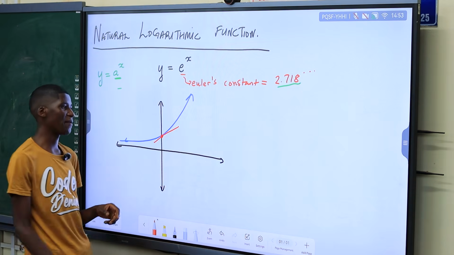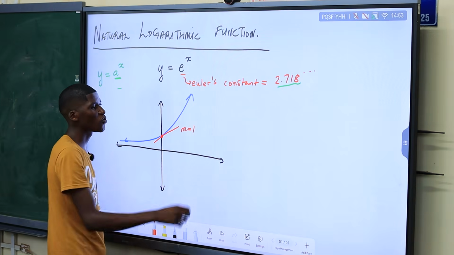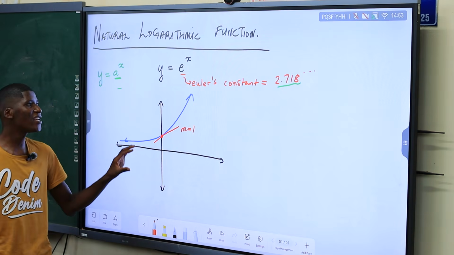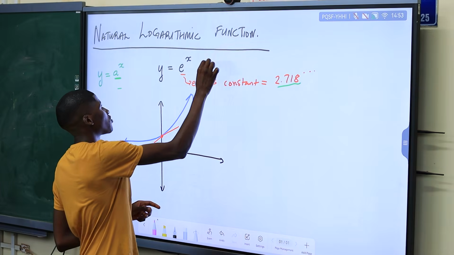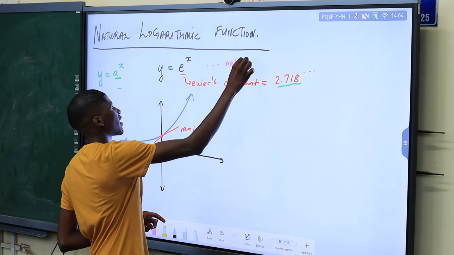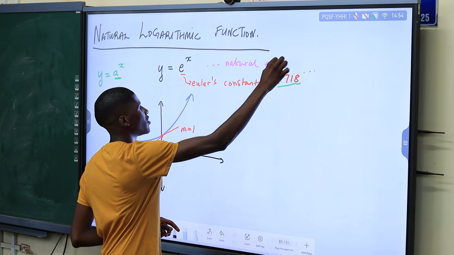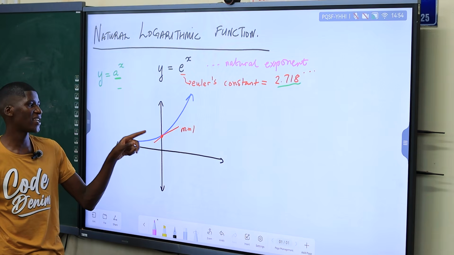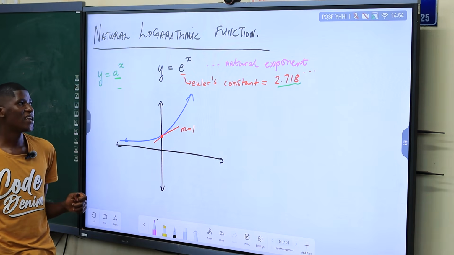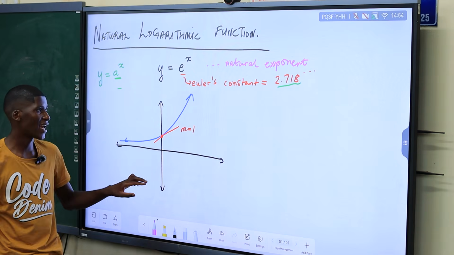That's what I said last time. The gradient is equal to 1. So the natural exponential function is important because of that. That is what's important about the natural exponential.